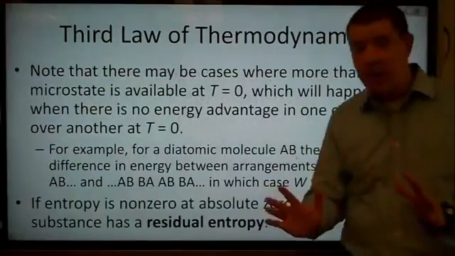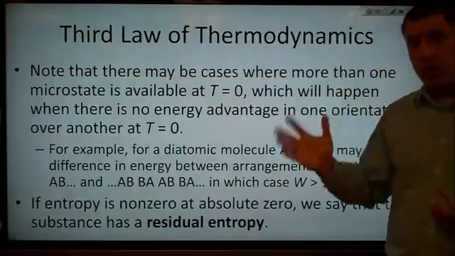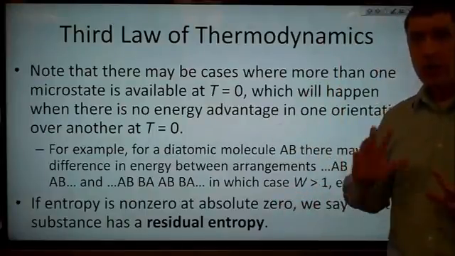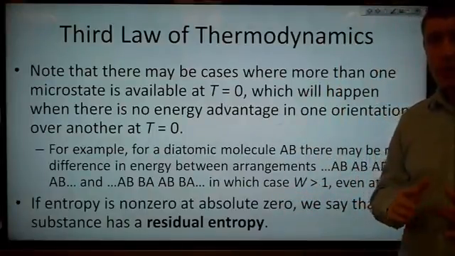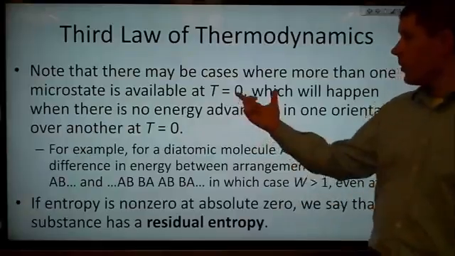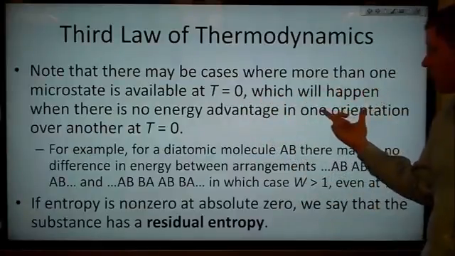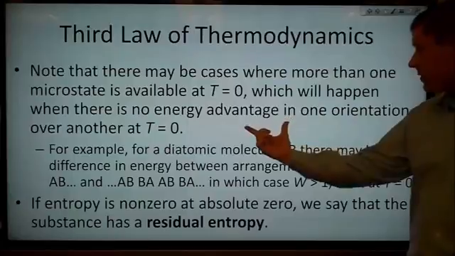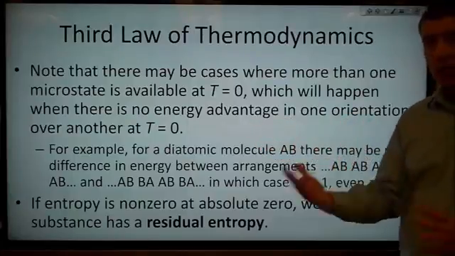There may be some cases where our assumption isn't true, where there is more than one microstate available even at absolute zero. That can happen when there's no energy advantage to one orientation over another.